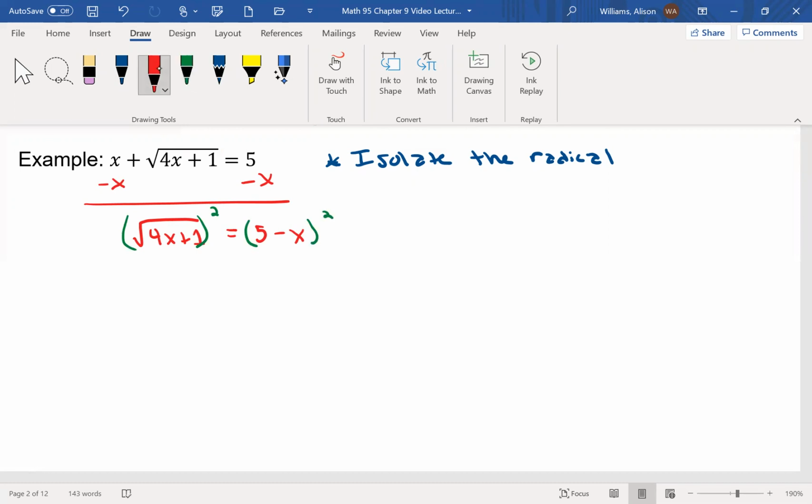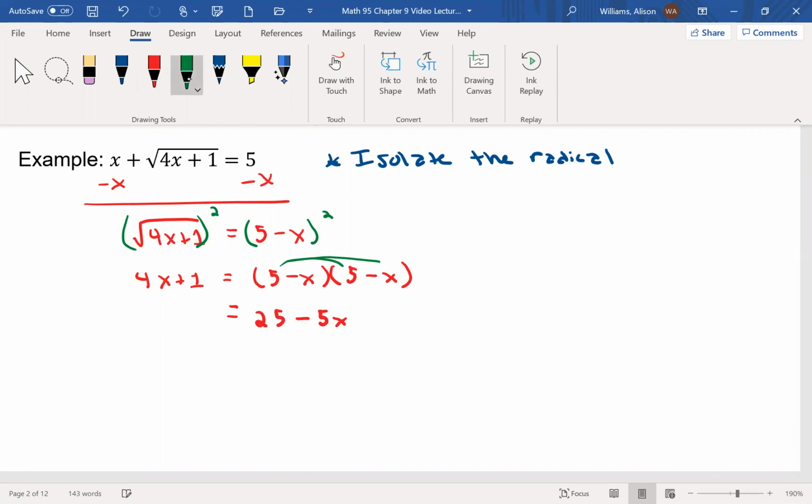On the left side, I'm going to be left with 4x plus 1. But on the right side, when I write 5 minus x squared, that actually means I need to distribute this. I need to FOIL this out. I need to actually multiply it out. So let's do that. So when I distribute this, that's going to be 25 minus 5x.